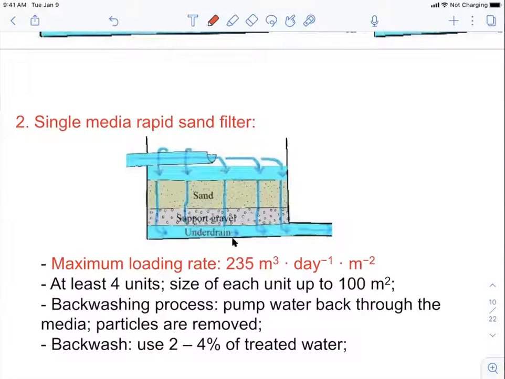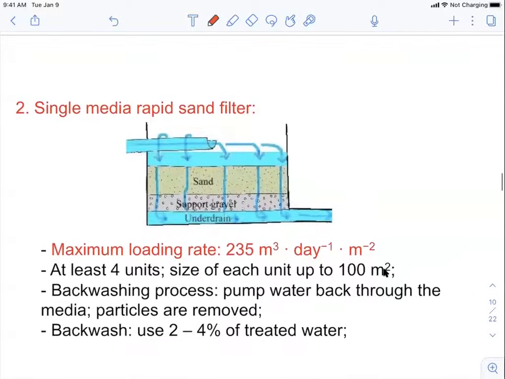We cannot allow the flow rate or the loading rate to be higher than this value here. There are other design considerations too. When people design these rapid sand filters, or single media rapid sand filters, we need to build at least 4 units. I think this is mainly to consider the scenario where you have to replace the sand, which basically means that you have to take it offline.